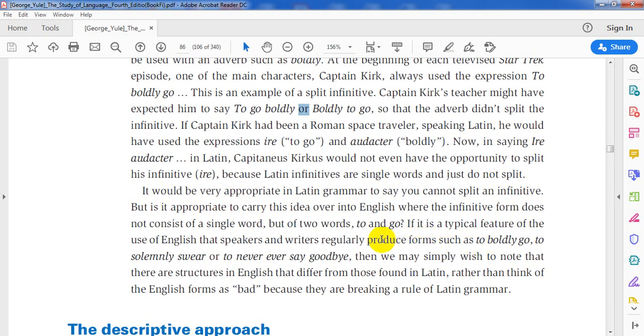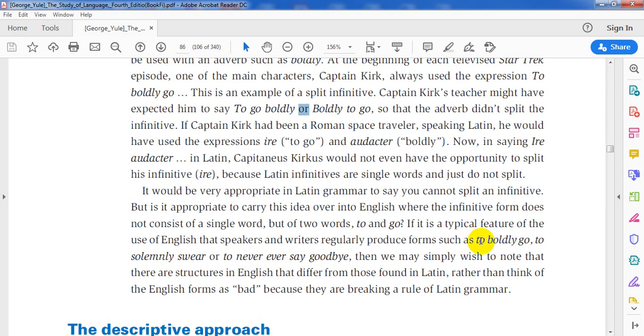So we have here some examples of this use according to the English people, and it is acceptable. We can see "to boldly go." There's a split in the infinitive here. Or "to solemnly swear." Swear is a verb, to is a preposition, and there's an adverb that splits the infinitive. Or "to never ever say goodbye."